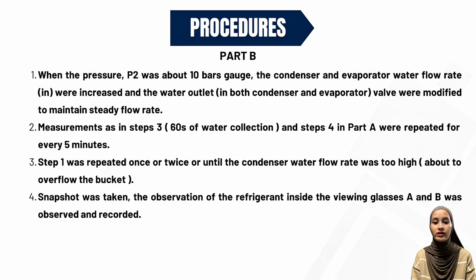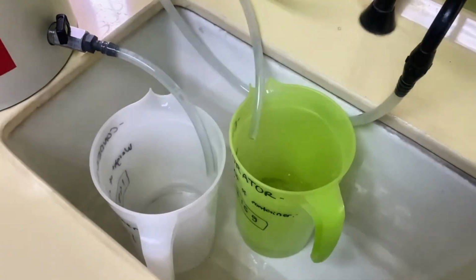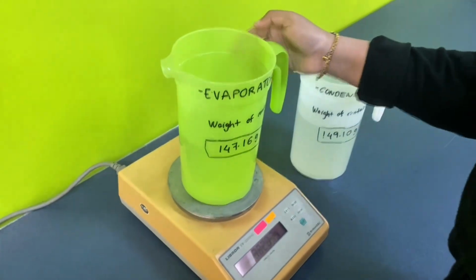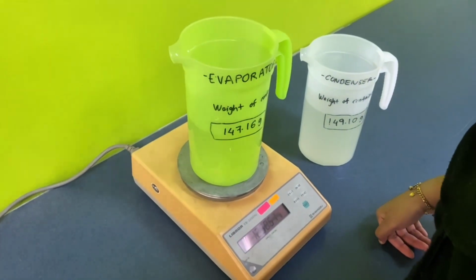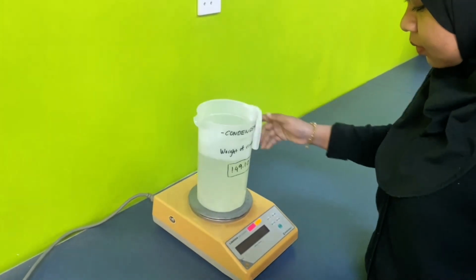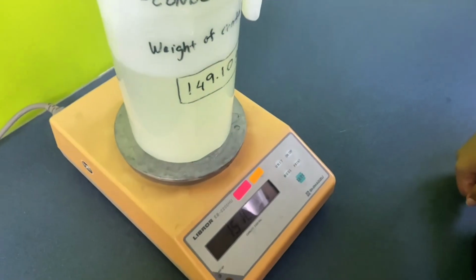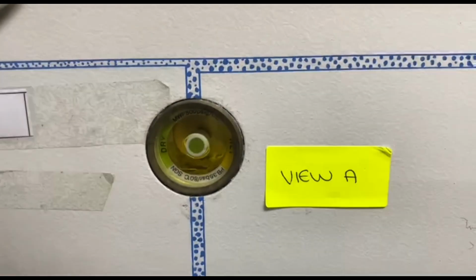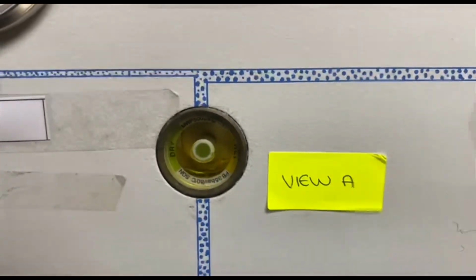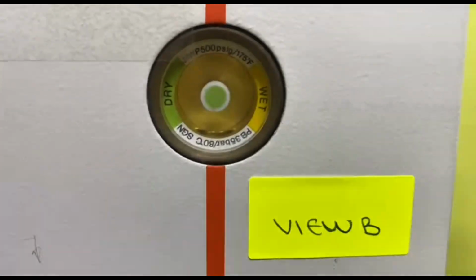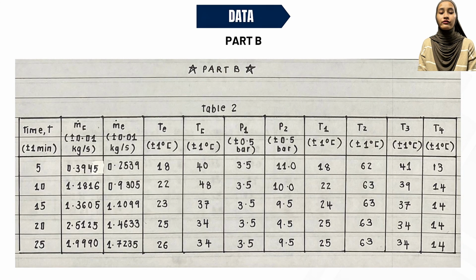The observation of the refrigerant inside the viewing glass A and B was recorded. This is the data recorded for Part B.